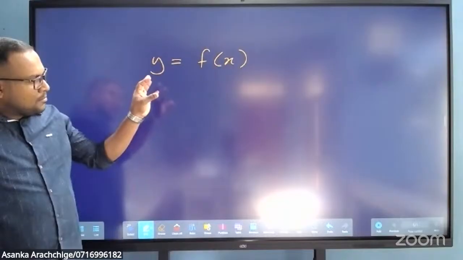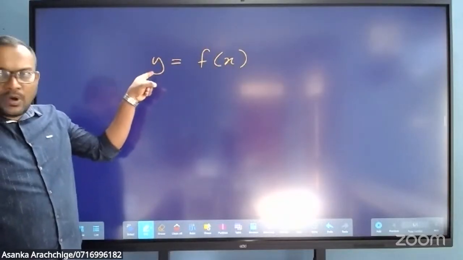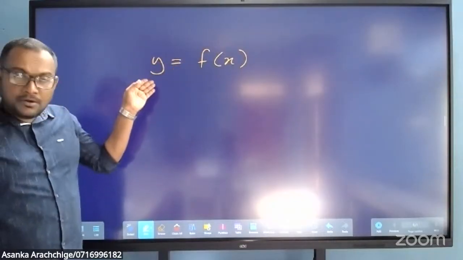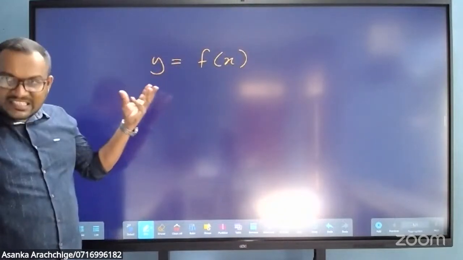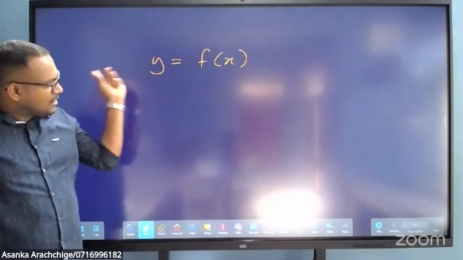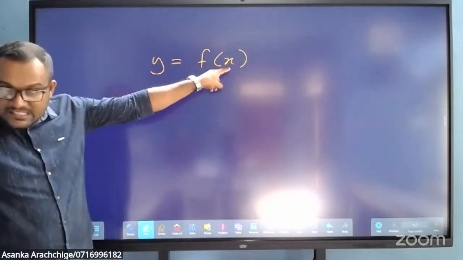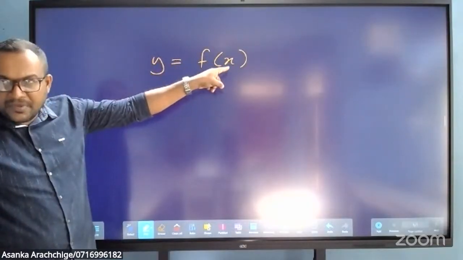The subject of the function is y. This function shows the behavior of y. දැන් මේ function එක පෙන්නන්නේ y ගේ හැසිරීම. ඒ නිසා තමයි මේ වම් පැත්තේ y ඉන්නේ. හැබැයි the y depends on x. That is why it is given to be y equals fx.